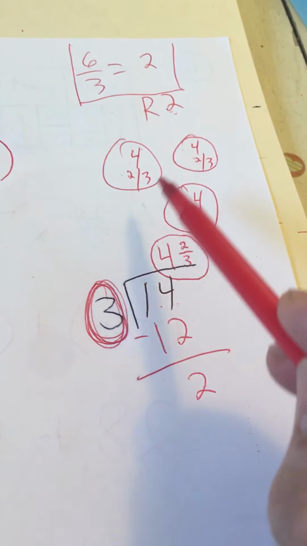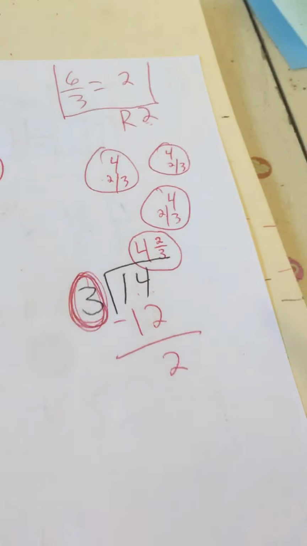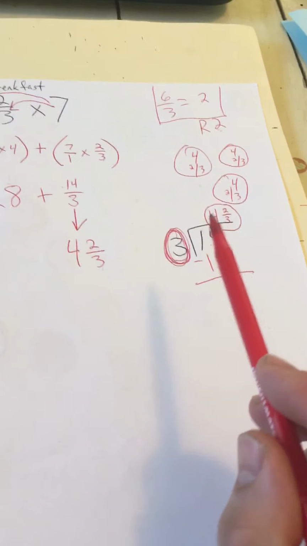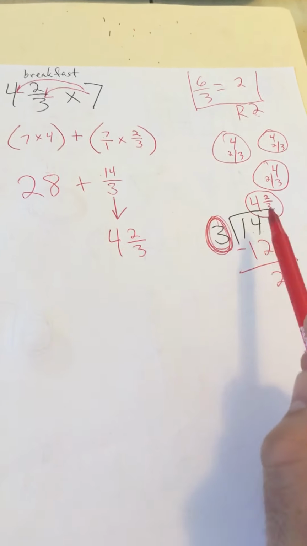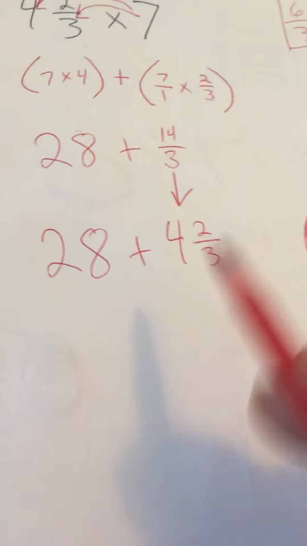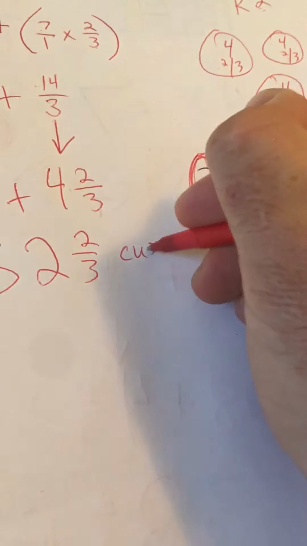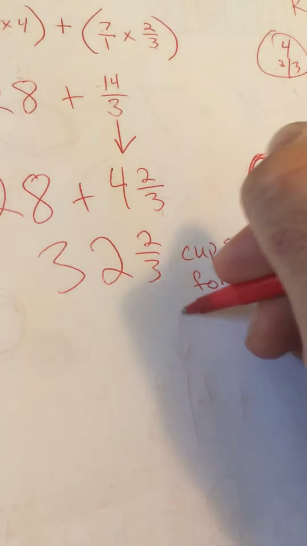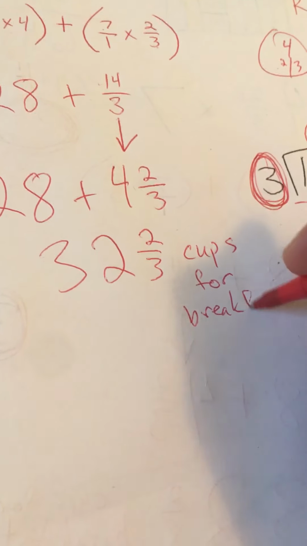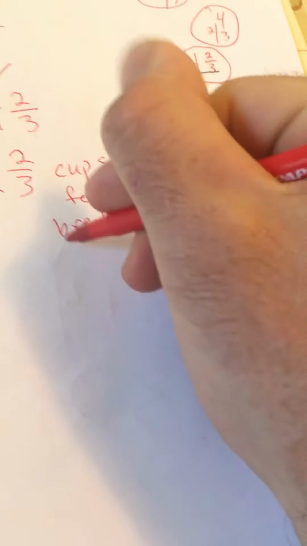You'd have 4 2/3, 4 2/3, 4 2/3, which makes 14 when you add them together. So 14/3 is 4 2/3. So we're doing 28 plus 4 2/3, which is 32 2/3 cups for breakfast, and that's last week.